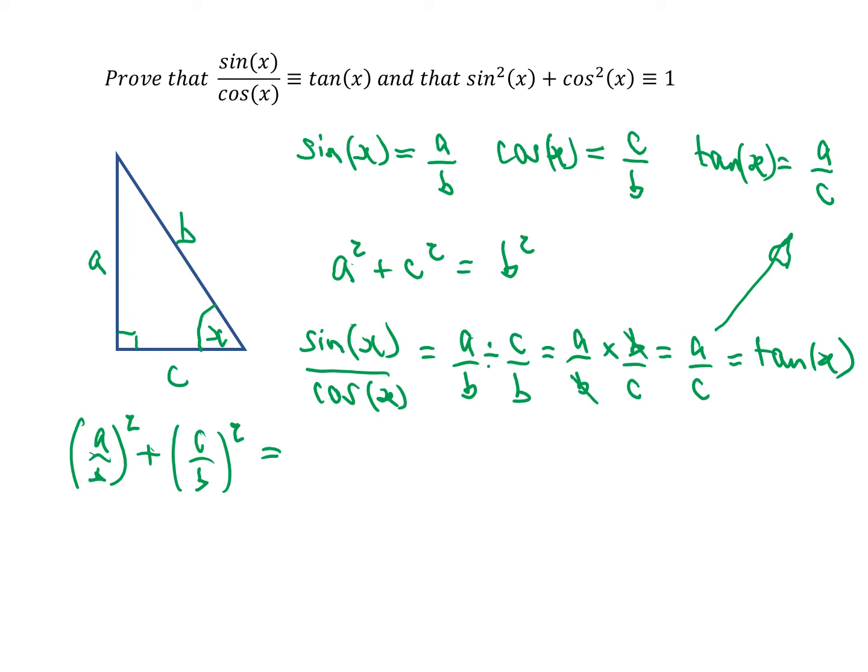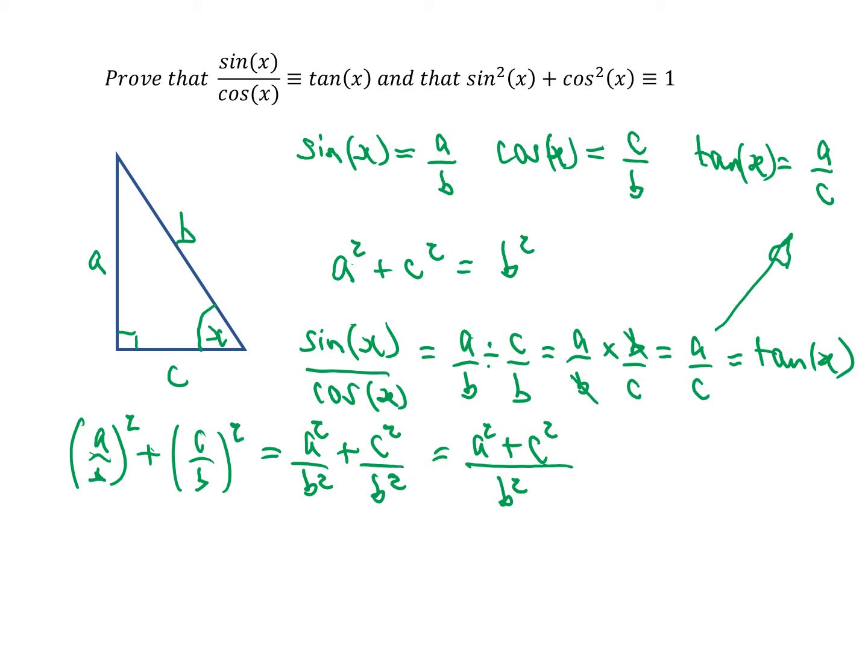So when we get rid of the brackets, we get A squared over B squared plus C squared over B squared. And when we combine those two into a single fraction, we have got a common denominator, which is B squared, and then the numerator is A squared plus C squared.